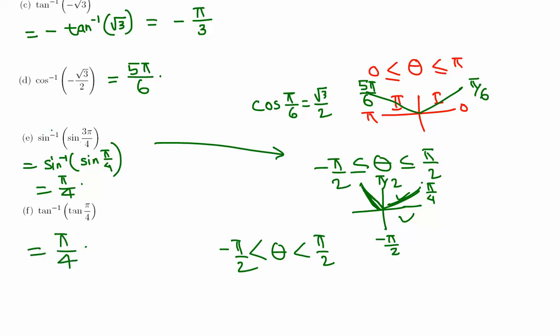But 3 pi over 4 is not in this range. It is in the second quadrant, and we need the first or fourth quadrant. In this case pi over 4 is in the first quadrant, inside this range, so we just cancel and the final answer is pi over 4.